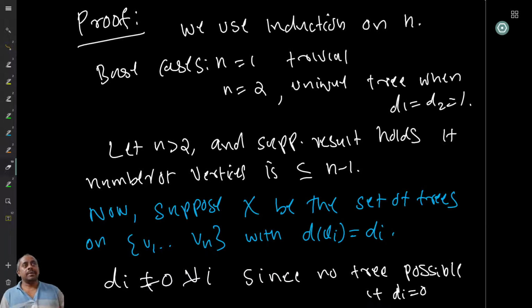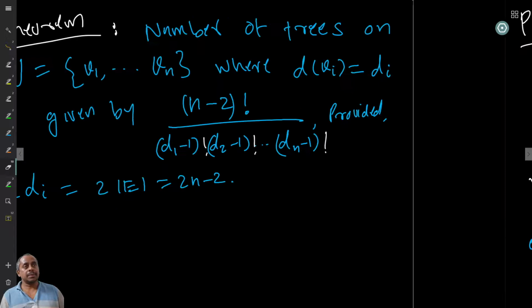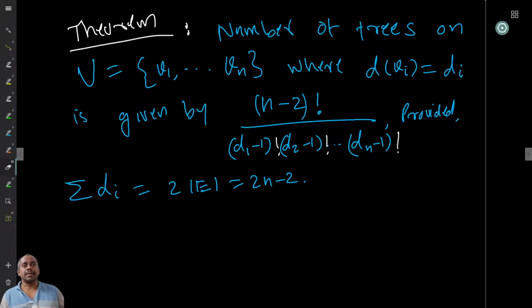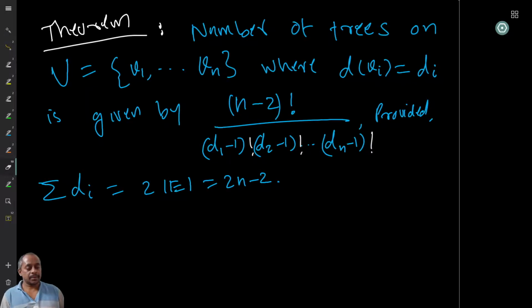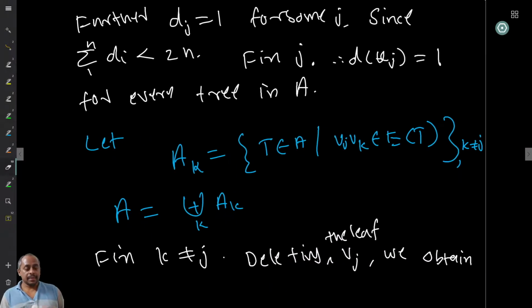Then we have n di's, so the sum is going to be greater than 2n minus 2. If every vertex has degree at least 2 and there are n vertices, the total degree will be at least 2n. So since di is non-zero, it must be equal to 1 for some vertex. Let us say dj is the vertex whose degree is 1. There's at least one.